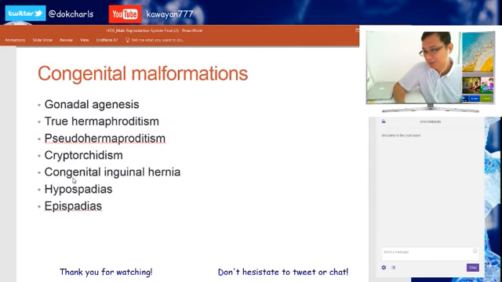However, not everything goes according to the design it was meant for, and that is why sometimes we have what we call congenital malformations, like gonadal agenesis, hermaphroditism, pseudohermaphroditism, cryptorchidism, congenital inguinal hernia, hypospadias, and also epispadias.